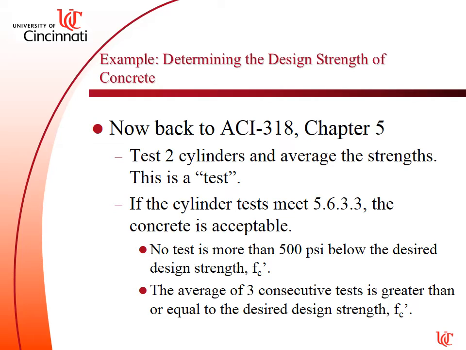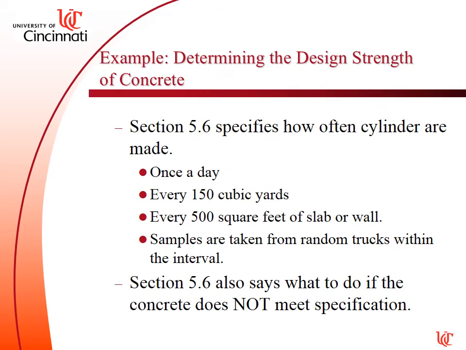It would also have to meet the requirement that the average of 3 consecutive tests, and again, that word test actually means 2 6x12 cylinders, is greater than or equal to the desired design strength, F prime C.